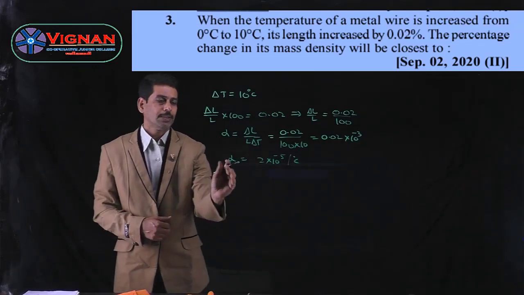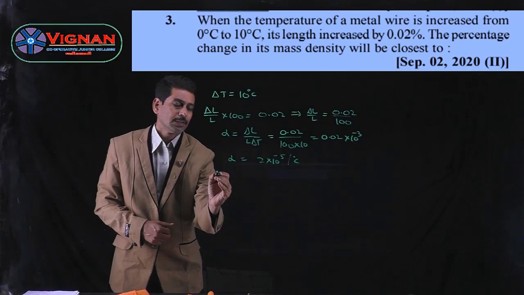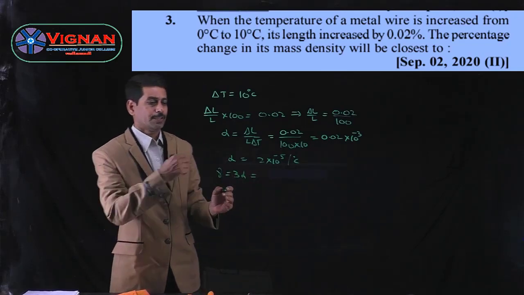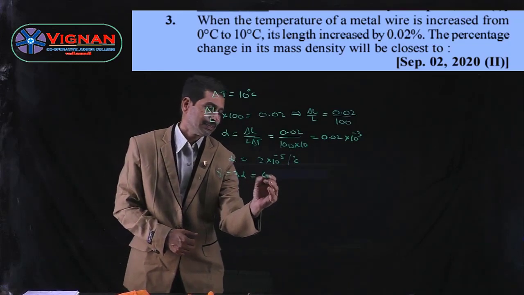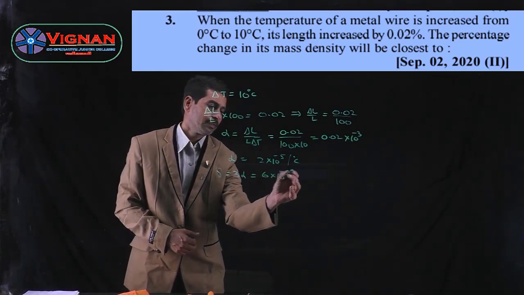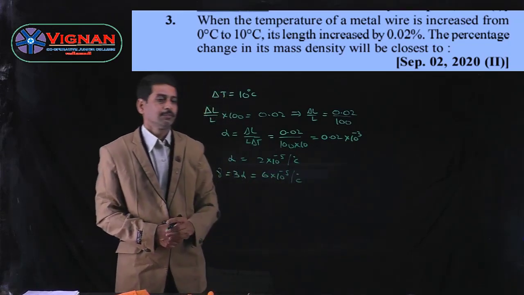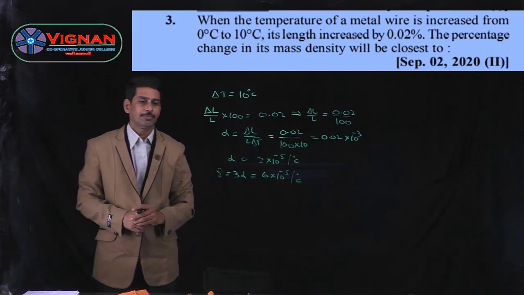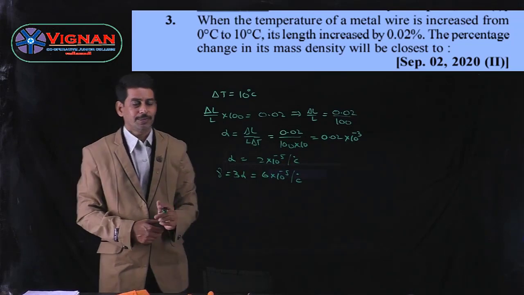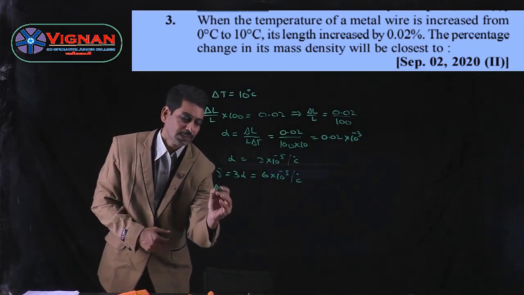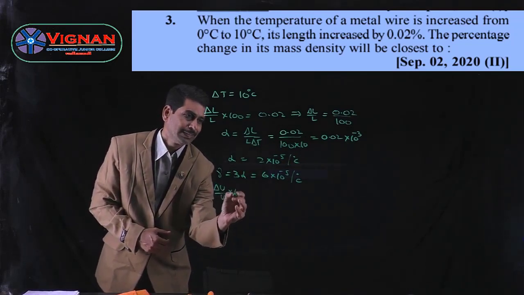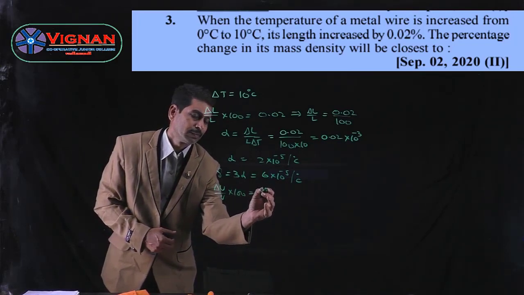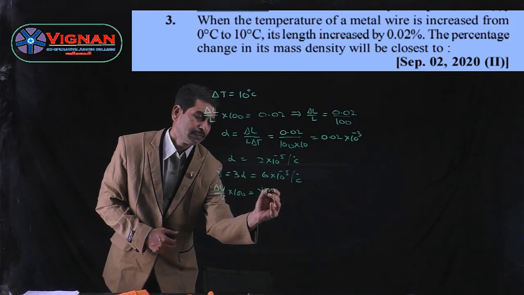And now from the relation gamma is equal to 3 alpha, we get gamma, that is the coefficient of volume expansion, as 6 into 10 power minus 5 per degree centigrade. And from the definition of the formula, we get delta V by V into 100 is equal to gamma delta T into 100.